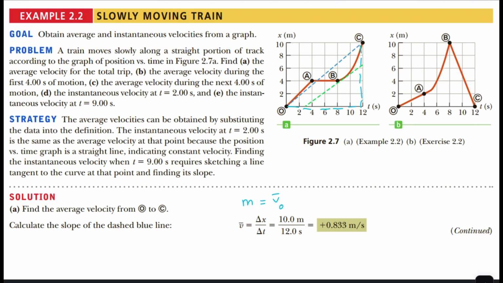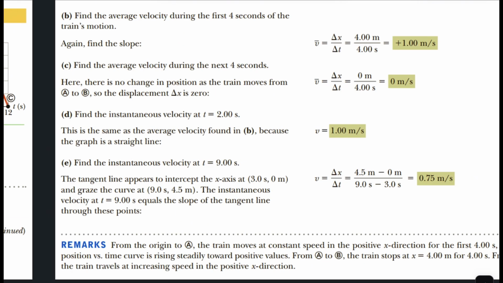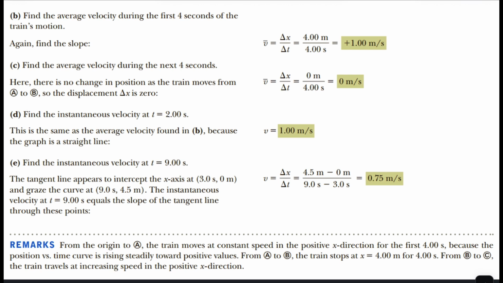V average from point O to C is delta x over delta t, where we have 10 minus 0 over 12 minus 0. So it gives us positive 0.833 meters per second.